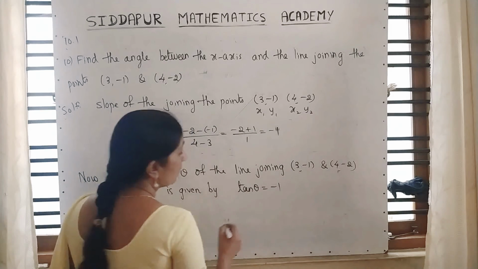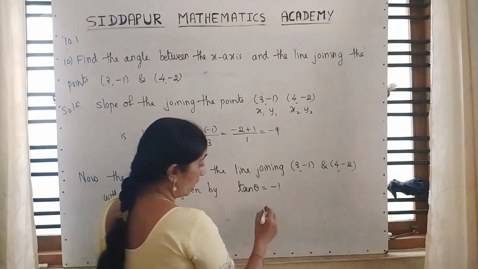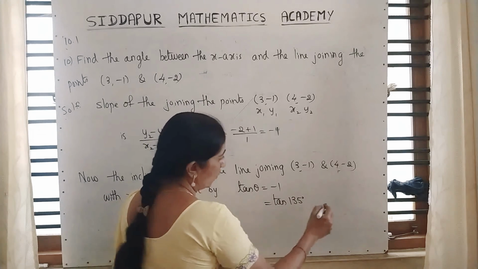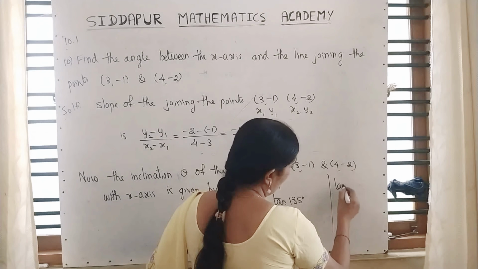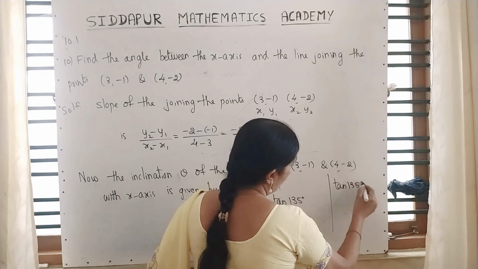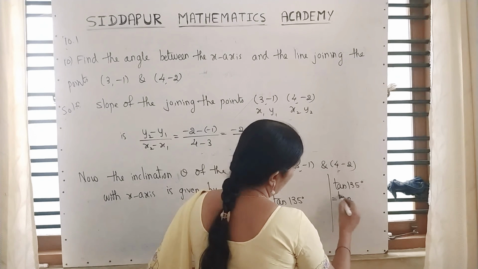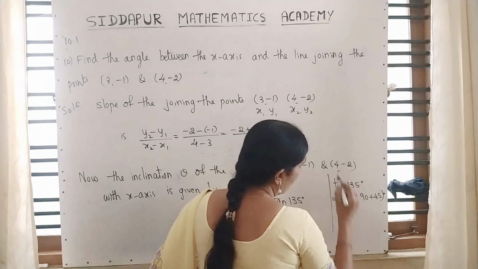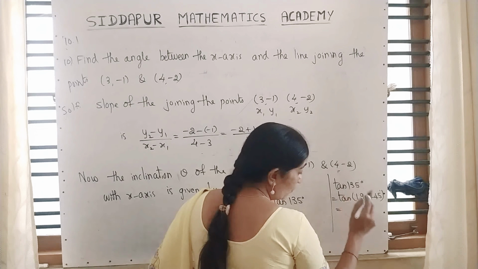Tan theta is -1. If you are thorough in the values, it is tan of 135 degrees because of allied angles. In trigonometry, I explained tan 135 will be written as tan of 1 into 90 plus 45. 1 is odd, so tan changes to cot.